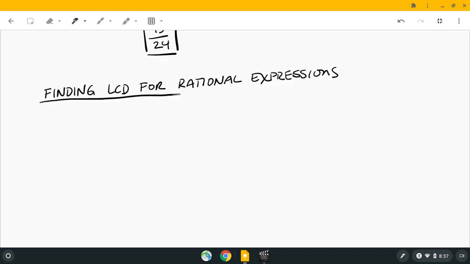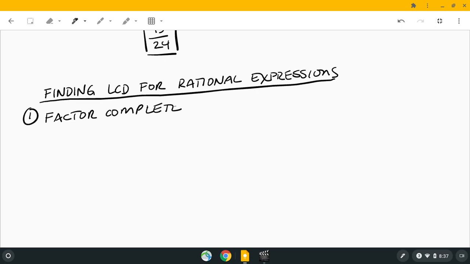So finding the LCD for rational expressions. So it's not quite as easy as finding the LCD for numerical fractions. So first thing that you want to do, factor completely all denominators. Okay.